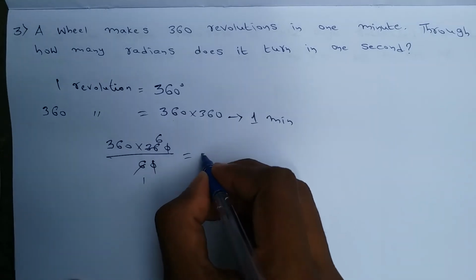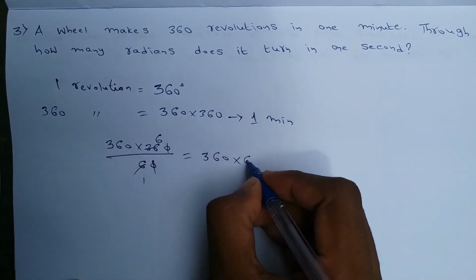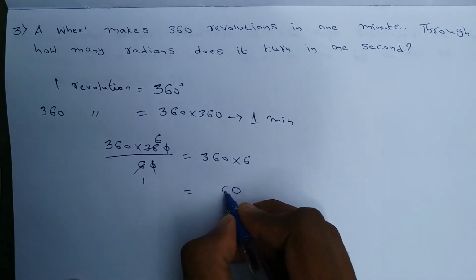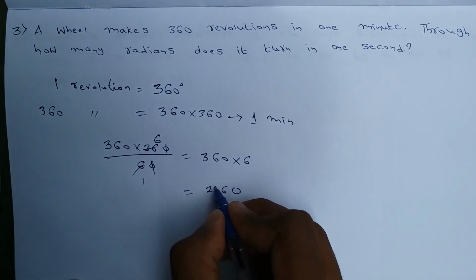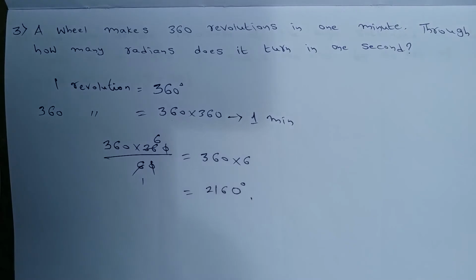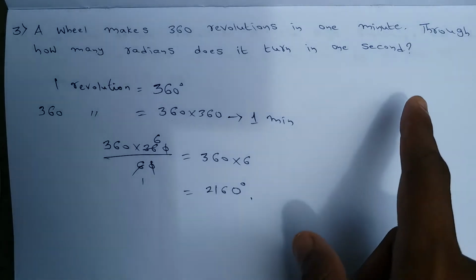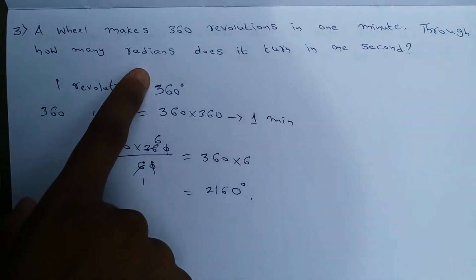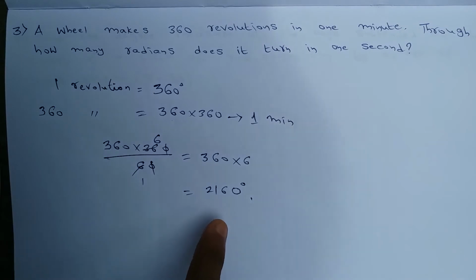So we remain with 360 into 6, which is equal to 2160 degrees in 1 second. Then, for the same answer, 2160 degrees, we need to convert to radians, because the question is asking how many radians it makes in 1 second.